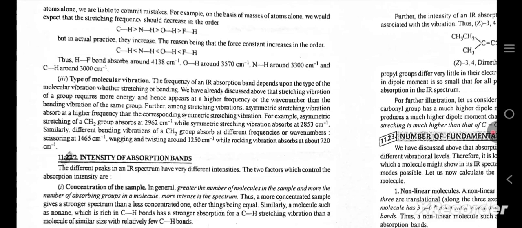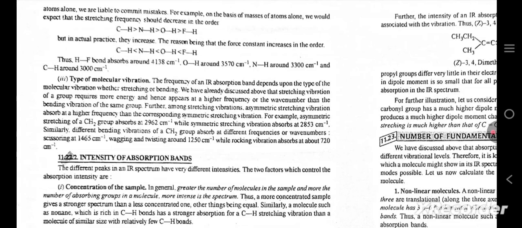Types of molecular vibration. The frequency of an IR absorption band depends upon the type of the molecular vibration, whether stretching or bending. We have already discussed that the stretching vibration of a group requires more energy and hence appears at a higher frequency or wave number than the bending vibration of the same group. Further, among stretching vibrations, asymmetric stretching vibration absorbs at a higher frequency than the corresponding symmetric stretching vibration.